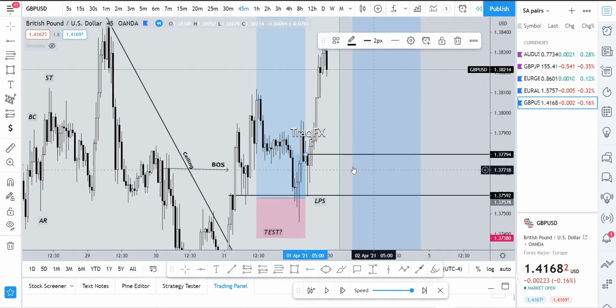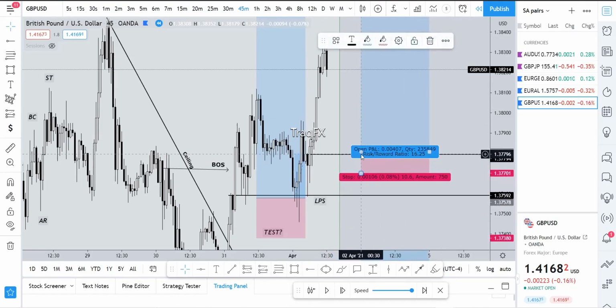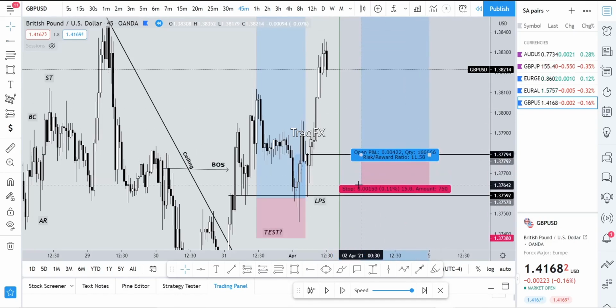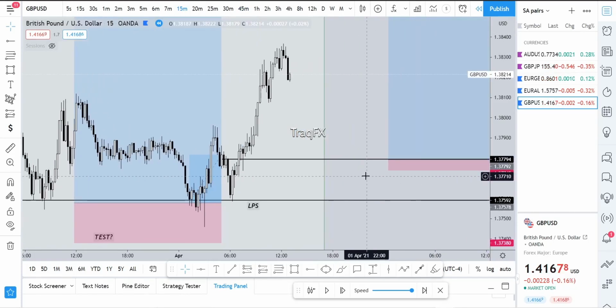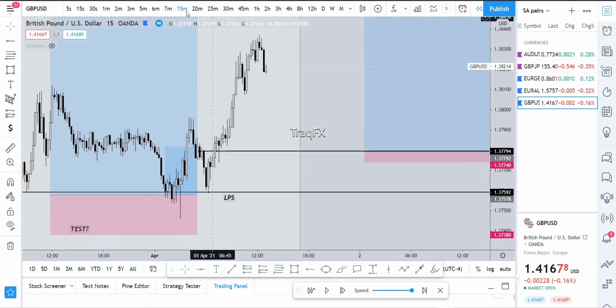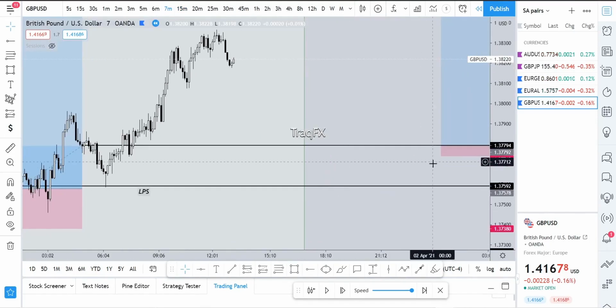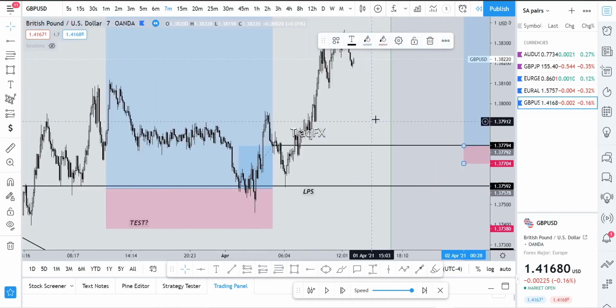Target this potentially, right? Could be a nice entry right here. If you want to break this down, lower time frames isn't quite good risk to reward if we go lower. Stops just below this low. Alright, if you want to add a bit more room, you can put it down here, or a bit more just below here.